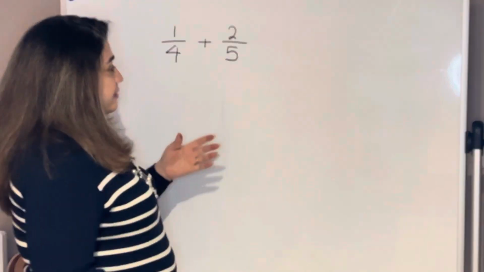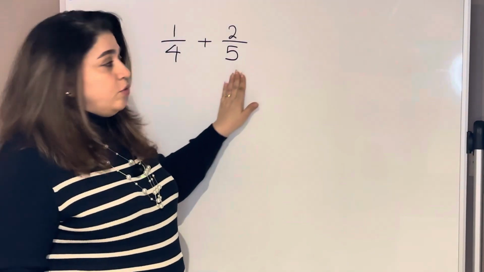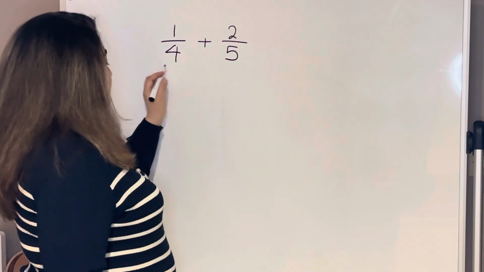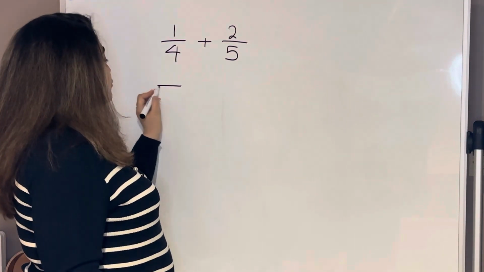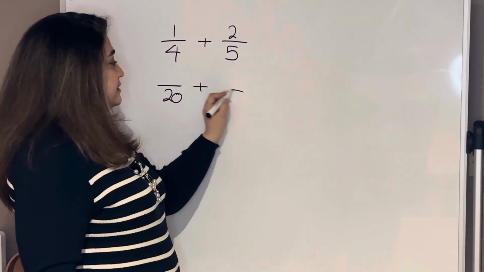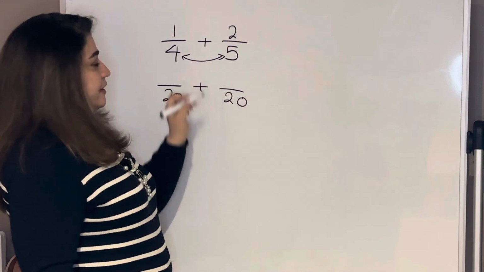So again, we have a method: times both denominators together. If you times them together, you have the new fraction out of 20, because you times them together.